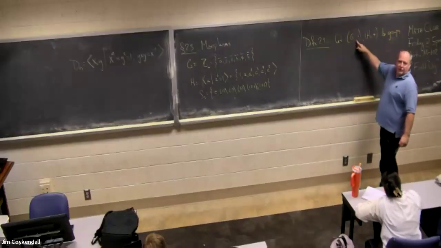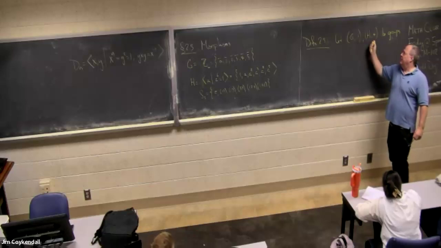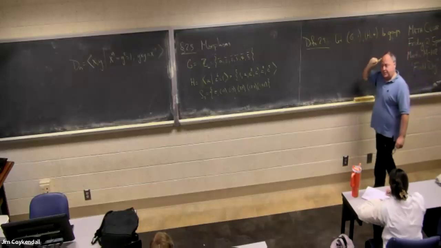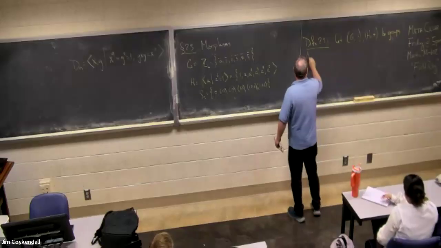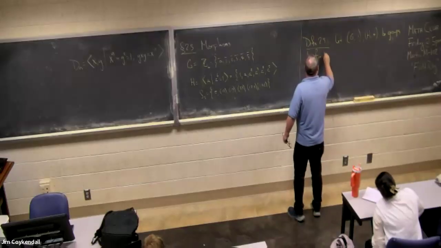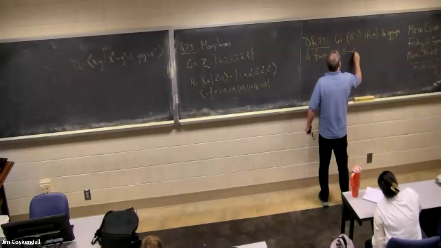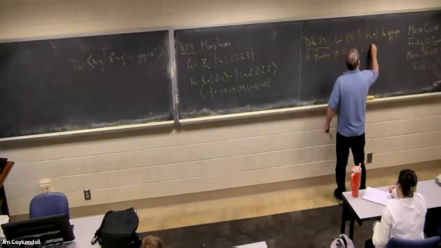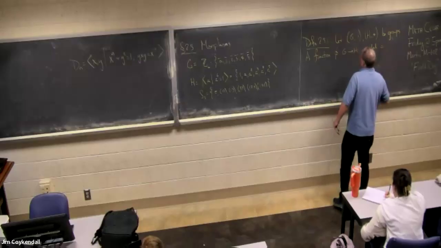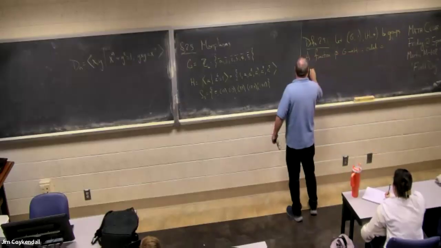So here, the operation on G is the circle thing, the operation on H is the star thing. A function phi from G to H is called a homomorphism.